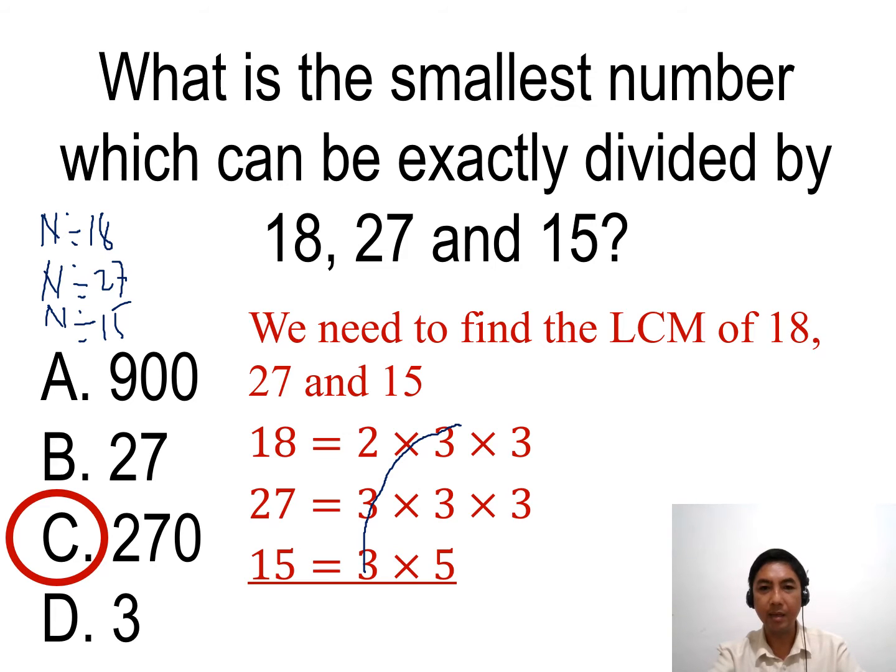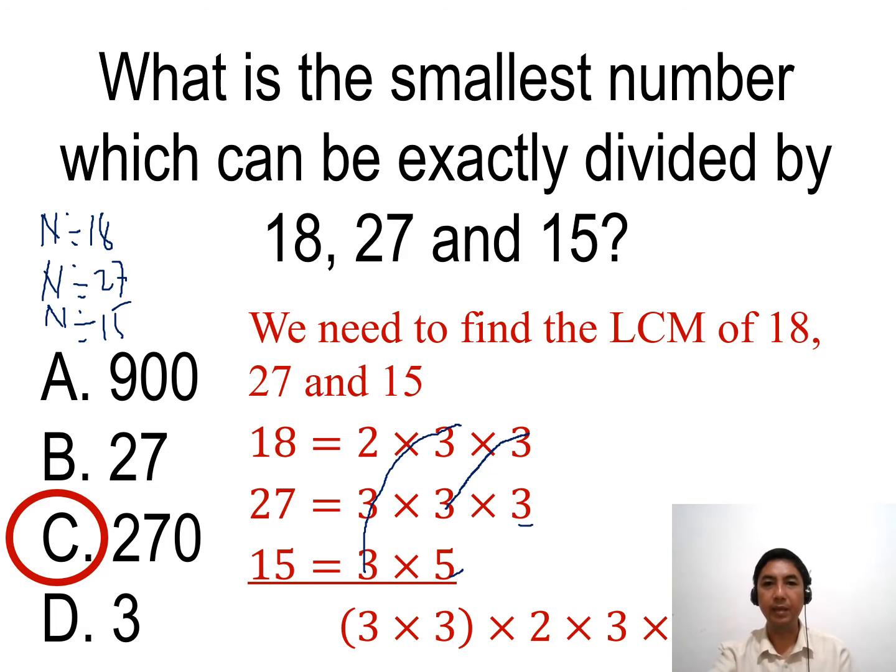You are given 3, and we have another common factor here that we are also going to include. Then the remaining factors will be multiplied. So we have 3 times 3 times 2 times 3 times 5, which is equivalent to 270.